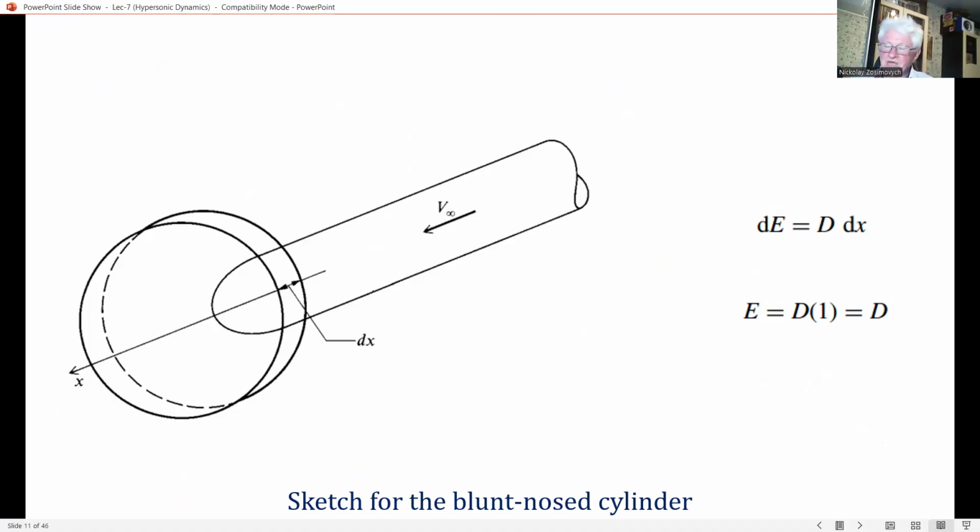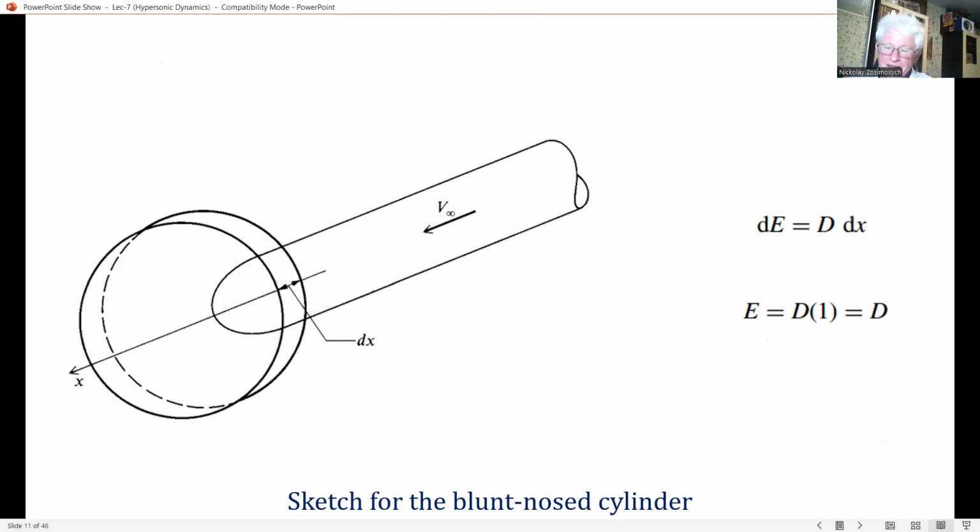However, here E represents the energy release per unit length along the x-axis, in contrast to the energy release per unit area in the case of the two-dimensional slab.